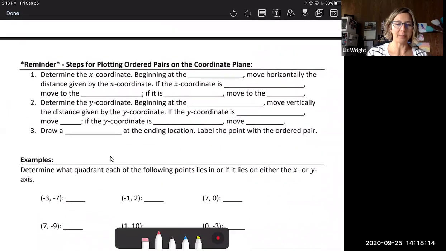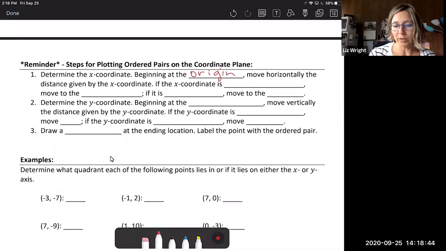Reminder, here are the steps for plotting ordered pairs on the coordinate plane. First, determine the x coordinate. See if you can fill out those blanks on your own, because you're going to follow the process we just talked through. We begin at the origin, and you move horizontally the distance given by the x coordinate.